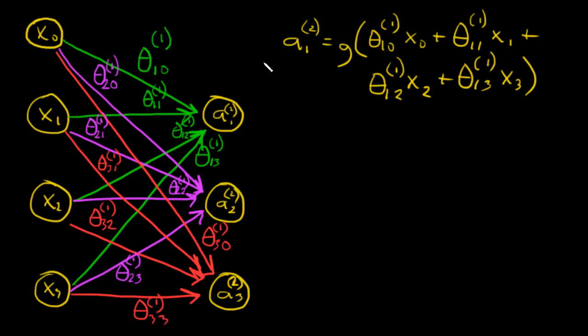And that will give us the first activation value. You take this summation, this theta transpose x, send it through the sigmoid function, and that gives you the activation.